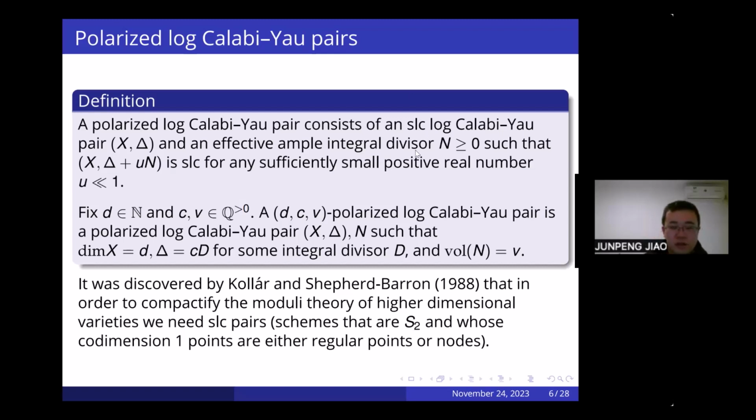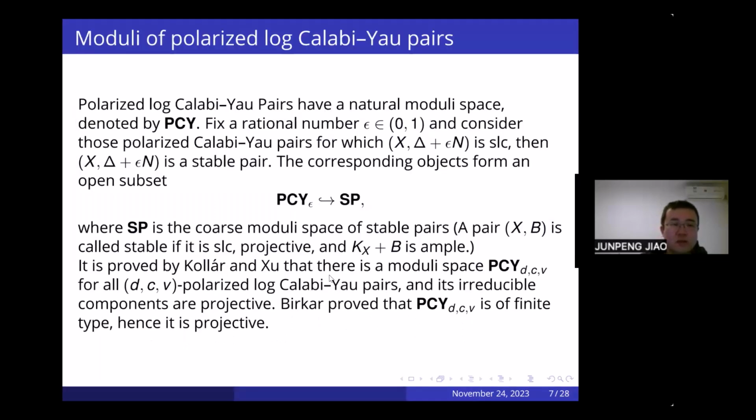And it is pretty interesting that for the higher dimensional case, to compactify it, we only need such pairs which have restrictions only in codimension 1. And polarized log pairs have a natural moduli space, which we denote by PCY.